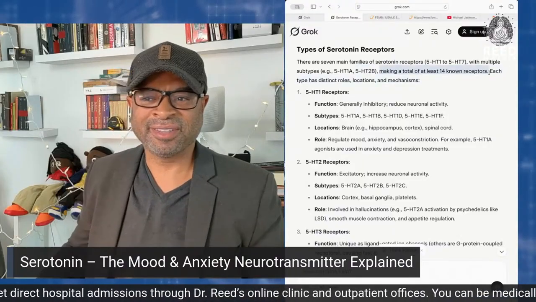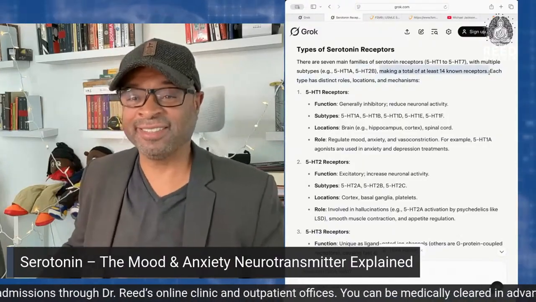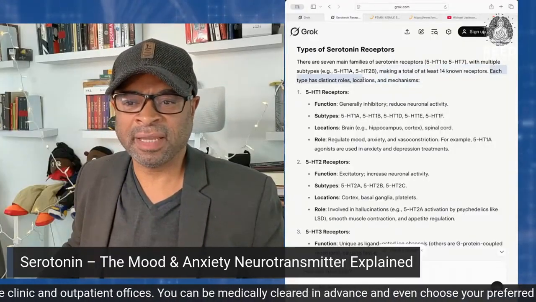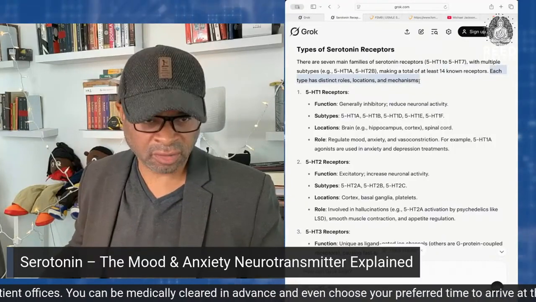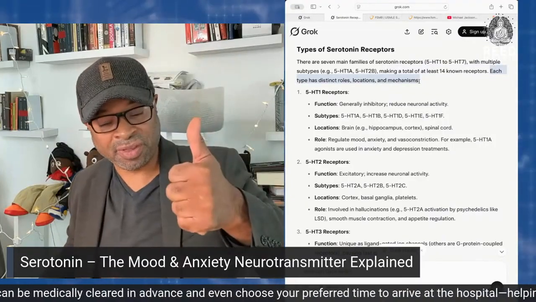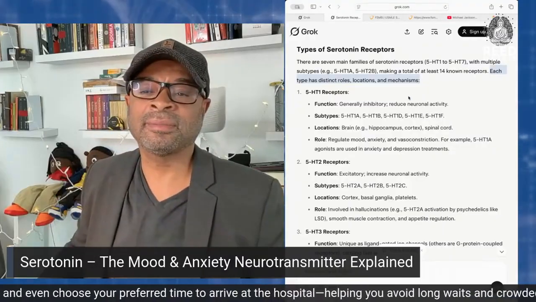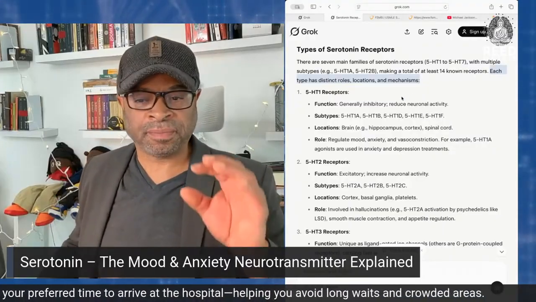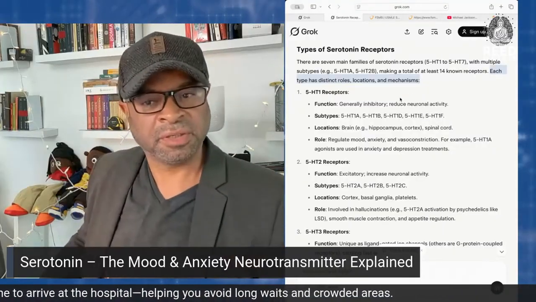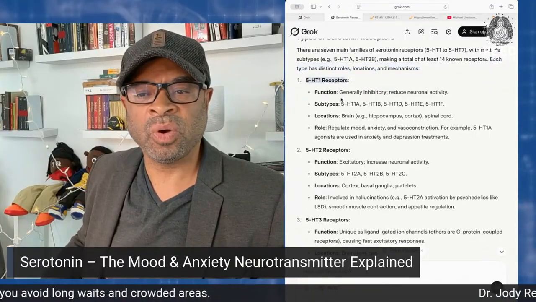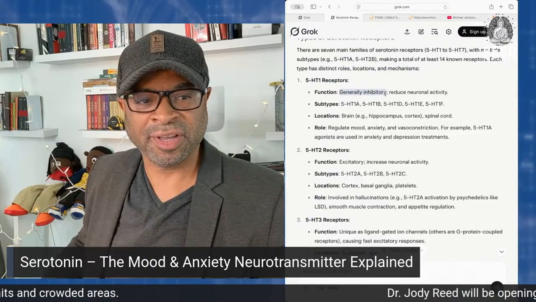Each plays a distinct role, is located at certain locations, and has slightly different mechanisms. I don't want to go into the details, but let me go through the distribution. The 5-HT1 receptors are generally inhibitory.